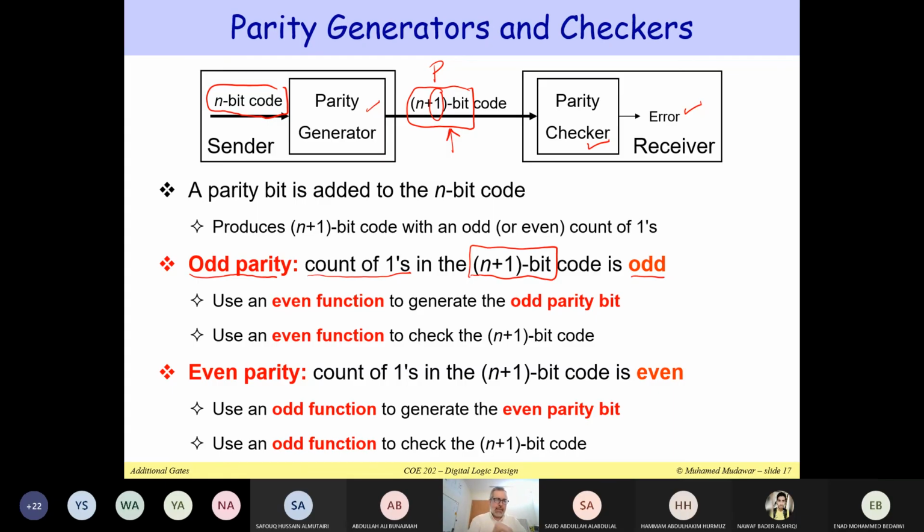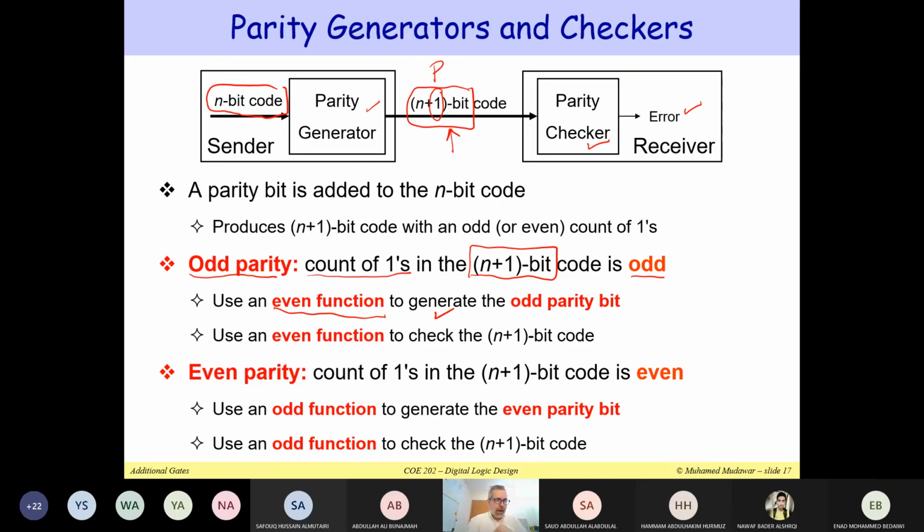Now the sender wants to send an n-bit code, and it has to generate an extra bit to make it an n plus 1 bit code. Now, in order to generate this odd parity bit, the sender is going to use an even function. Why the even function? Well, we would like to have the total number of ones to be odd.